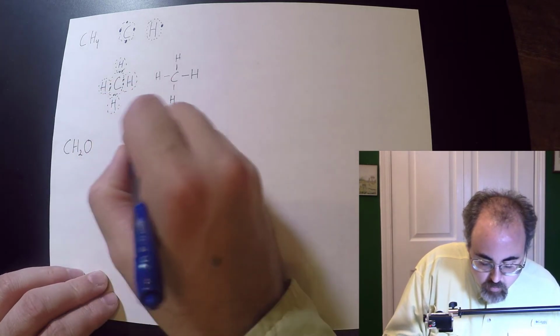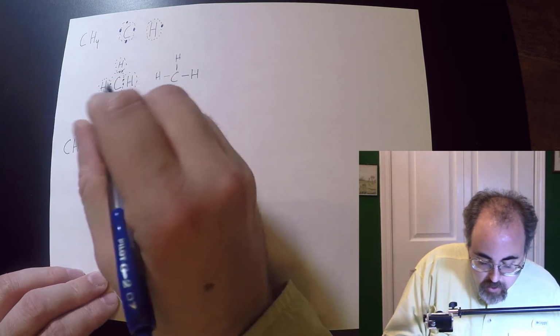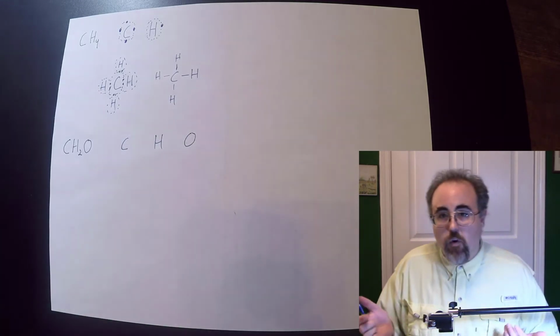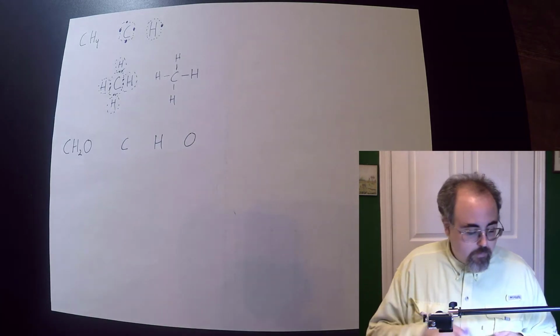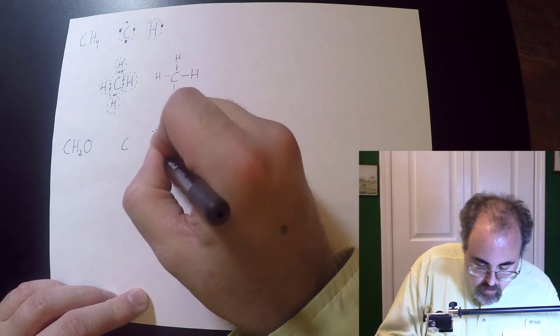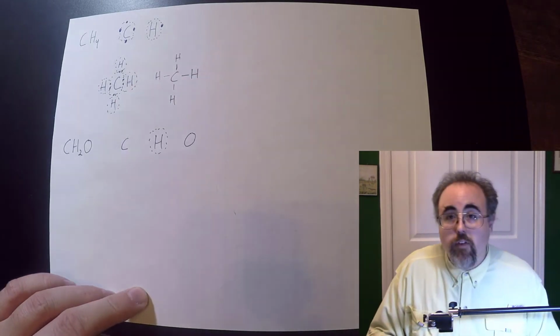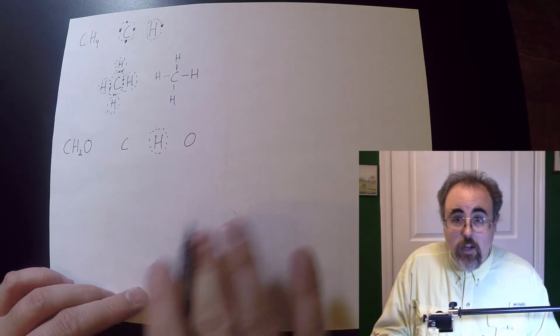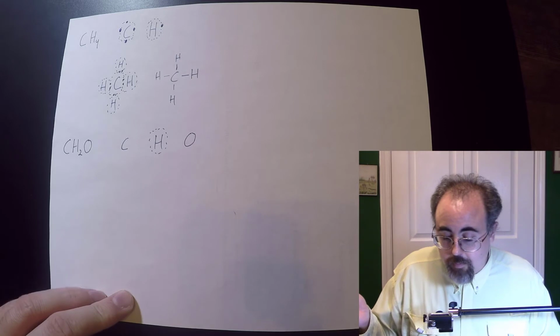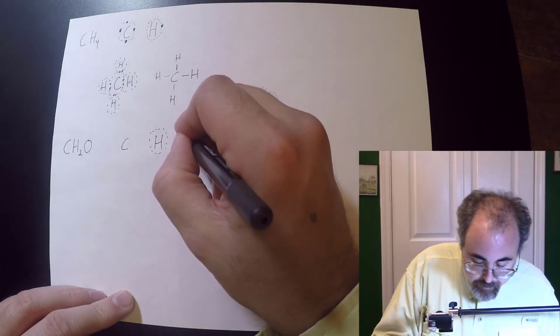Okay, so I'm going to draw my Lewis symbols. I've got a carbon, I've got a hydrogen, I've got an oxygen, and after a while, you just memorize these. Now, the hydrogen, once again, it's got the 1 orbital. So we draw an invisible circle. Normally, I don't draw this. I'm just doing this for show. Speaking of which, I think it shows up, I hope.